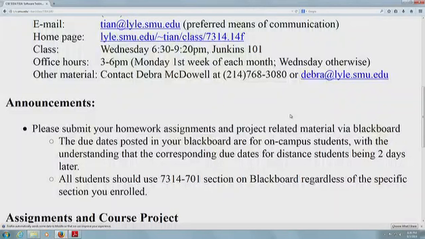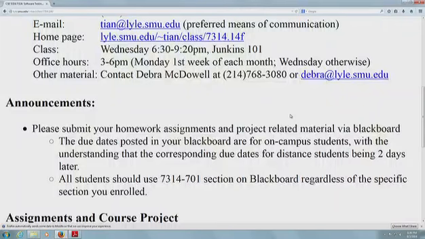There are some questions about Blackboard. We haven't posted anything on Blackboard yet, because most of the class material is really on the class webpage. Later on, when I start posting the homework assignments and other things, I'll be using Blackboard, and by that time we should have the merged Blackboard, so everyone will be using the 7314.701C section. For the on-campus students, you are automatically in that section.